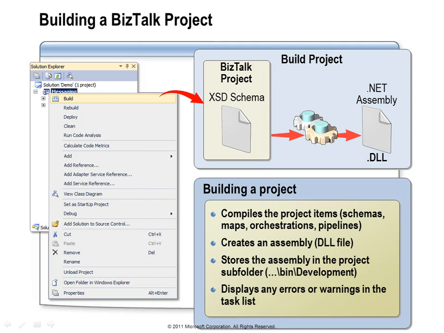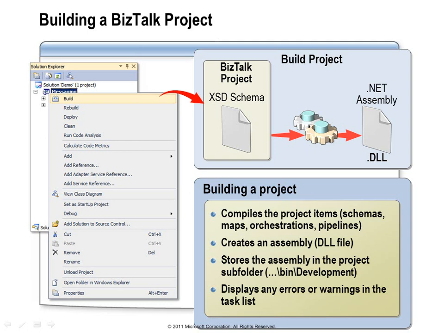Once you have finished editing and testing your schemas, you will need to prepare them for deployment. In the deployment model that BizTalk follows, your schemas must be deployed in assemblies. And so what you need to do is, in Visual Studio, you need to build that assembly, and you simply do that by right-clicking on your BizTalk project name and then clicking Build.